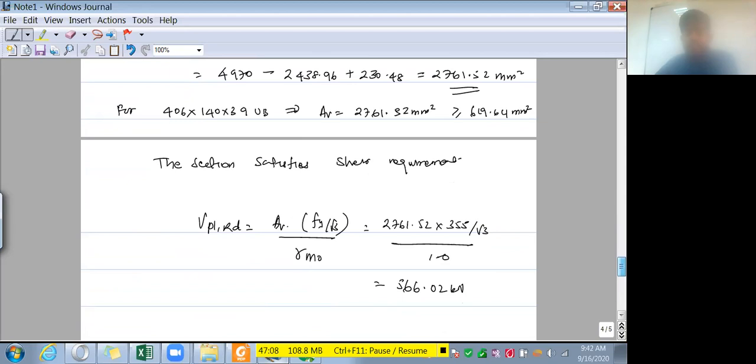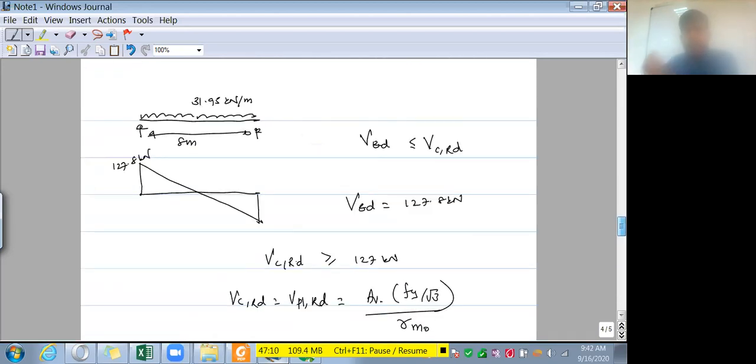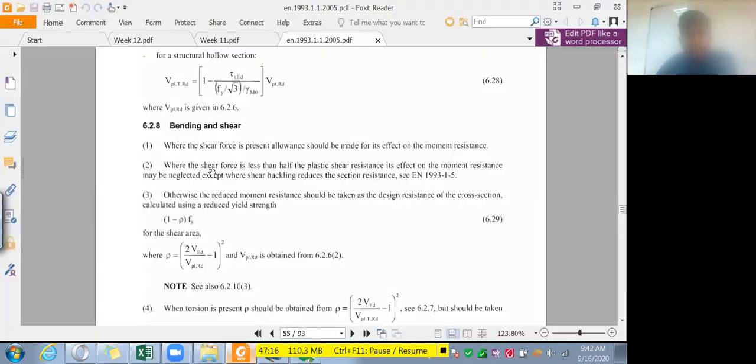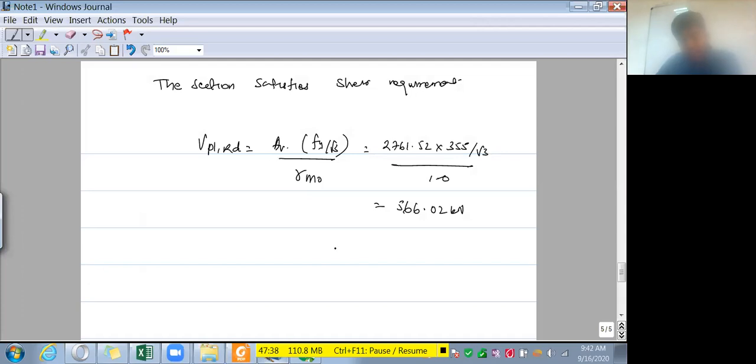So our actual shear force is 127.8, which is less than half of that. The clause says if the shear force is less than half the plastic shear resistance, its effect on the moment resistance may be neglected, except where shear buckling reduces the section resistance. So shear buckling is another behavior we need to check.